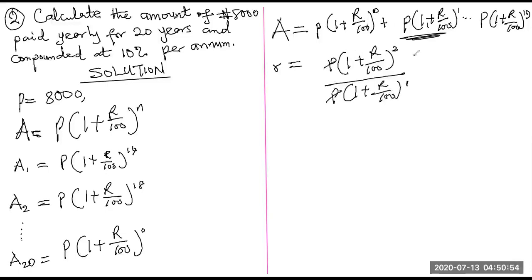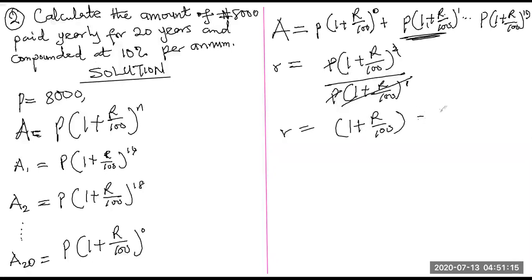We cancel P. Of course, power 1 will cancel power 2, remain power 1. So our common ratio is 1 plus R over 100. This is our common ratio for annuity summation. So take note of that.